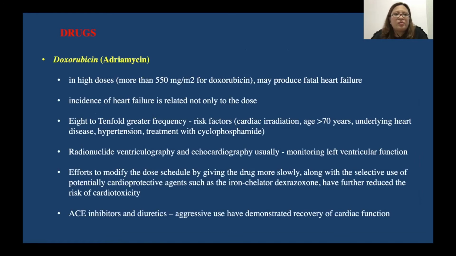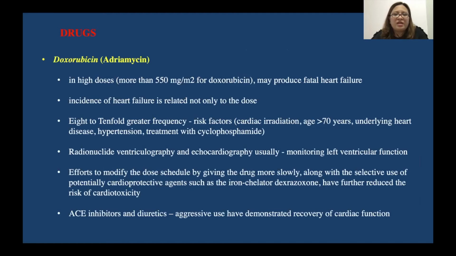For cardiomyopathy secondary to drugs, this is usually the chemotherapeutic agents used for the treatment of breast cancer. So, doxorubicin or adriamycin in high doses with a dose of 550 milligram per meter squared may produce fatal heart failure.